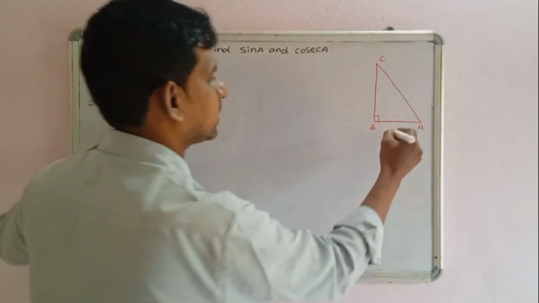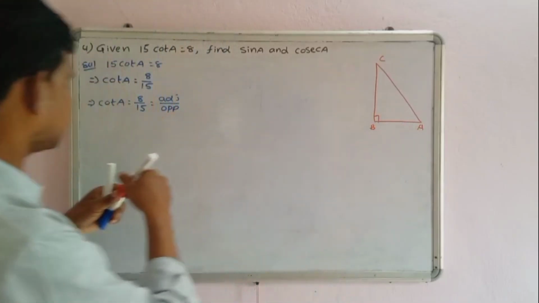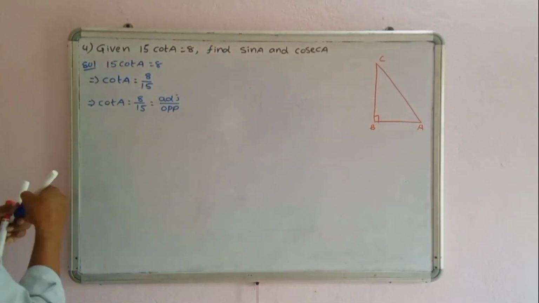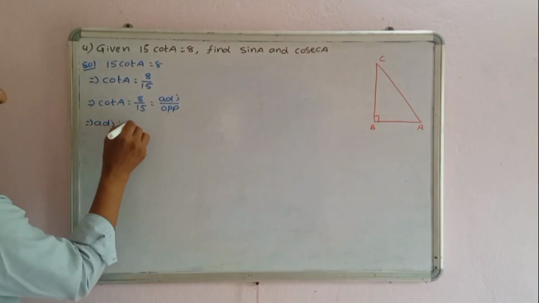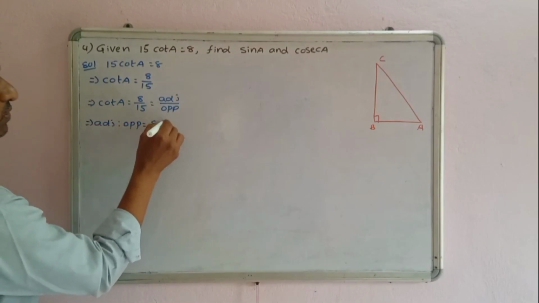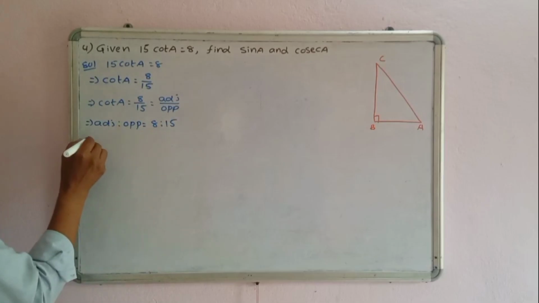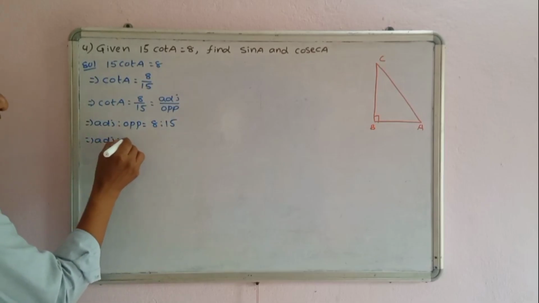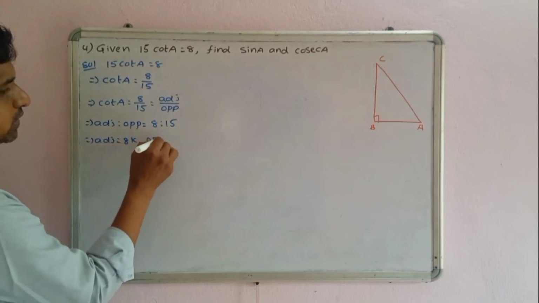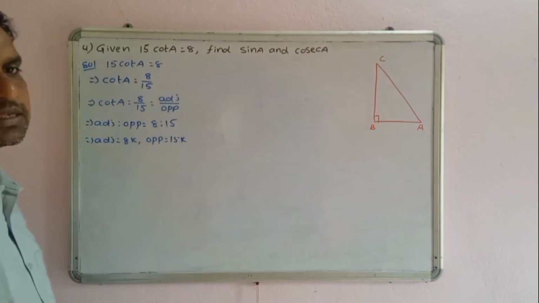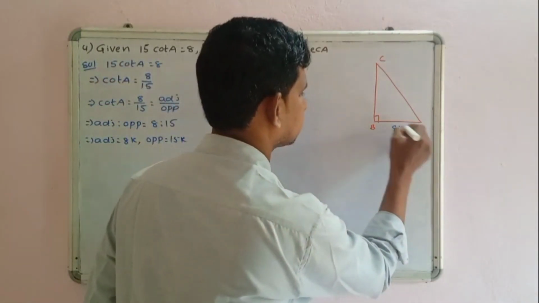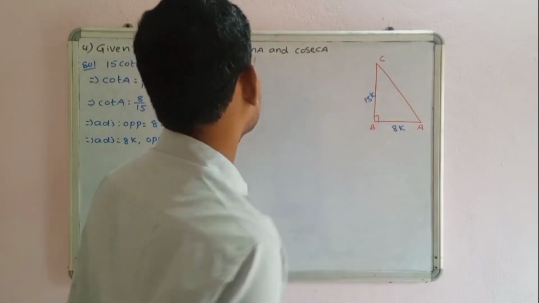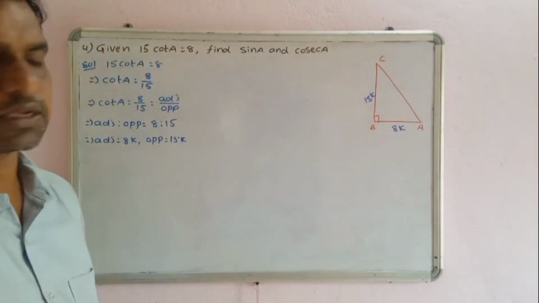So cot A equals adjacent by opposite, 8 is to 15. Therefore adjacent equals 8k, opposite equals 15k, where k is a constant. So this is the value 8k. So this is 15k.